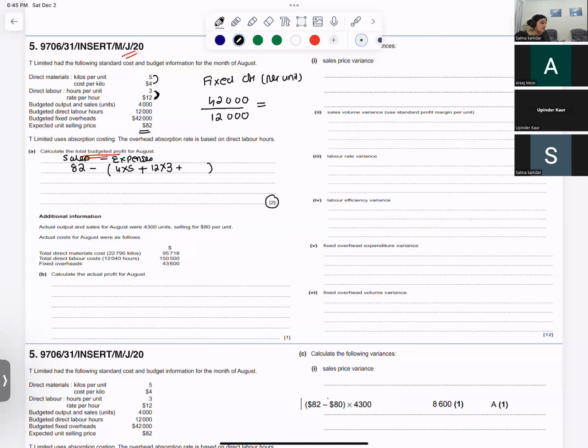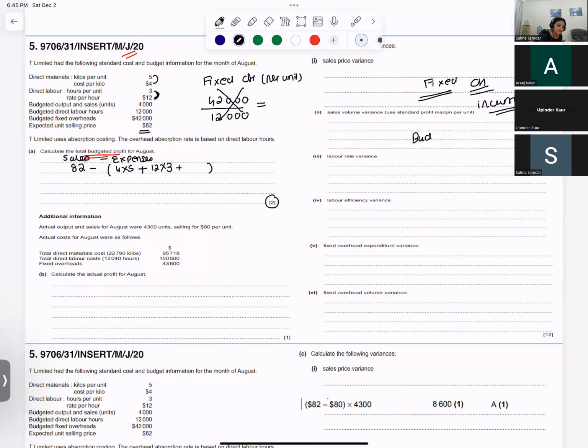We are talking about the fixed overhead expenses. The fixed overheads are incurred irrespective of the production. So when I want the fixed overhead that I'm going to charge per unit, I'm not talking about the absorption rate. I'm talking about the overheads that I'm going to charge per unit.